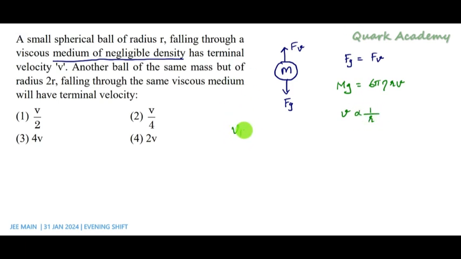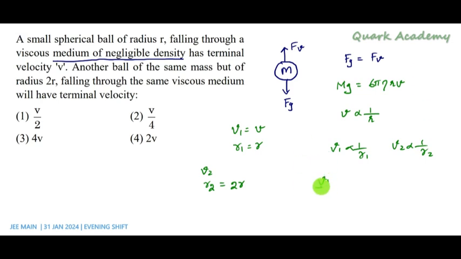So in the first case, v1, the speed is v and radius is r. In the second case, let's consider speed is v2 and the radius r2. So R2 is 2R. We need to find the V2. So I can write V1 is directly proportional to 1 by R1 and V2 is directly proportional to 1 by R2.